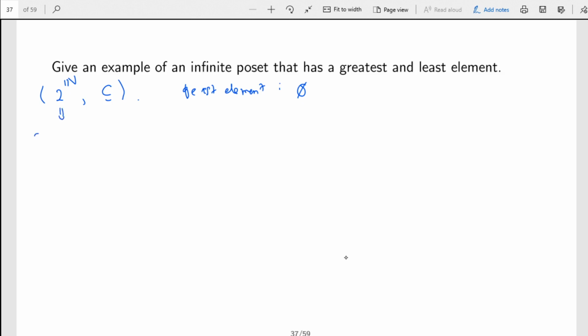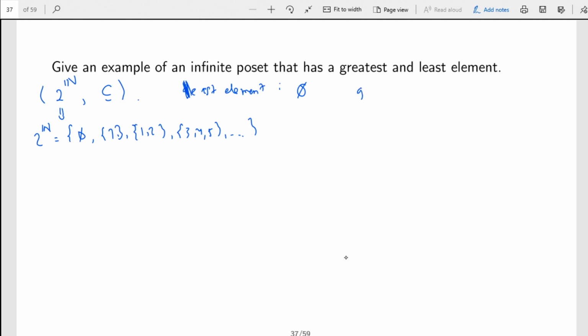This 2 to the power of N consists of the empty set, for example 1, maybe 1, 2, or 3, 4, 5, any set of natural numbers. So this is the power set, so any subset of natural numbers is in 2 to the power of N. So the least element is the empty set, because the empty set is a subset of every other element.